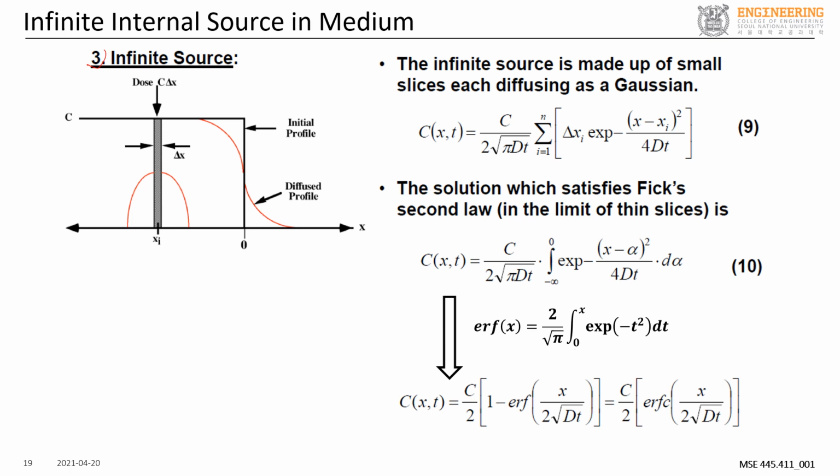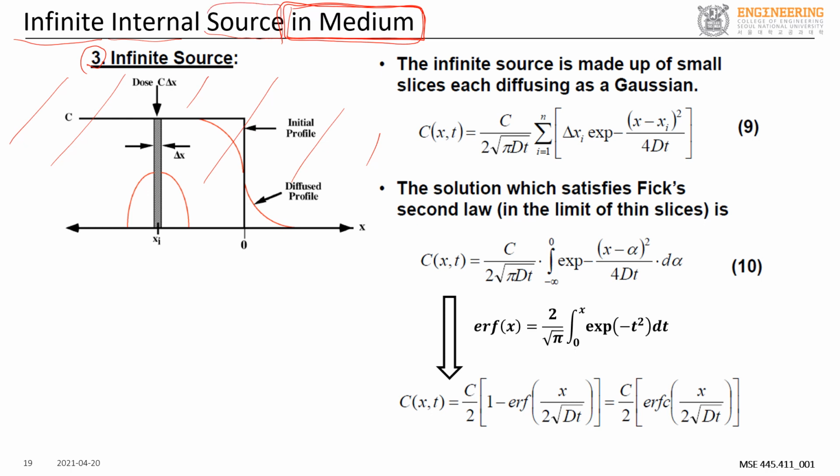The third case is something called infinite internal source in medium. It's not limited anymore. This is the same phrase we used for the first case, in medium. The medium is infinite, and the amount of dopant is infinite.